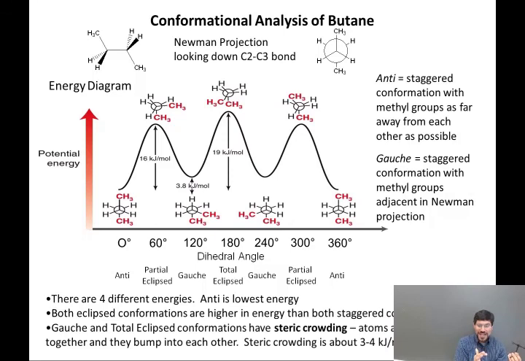Both of the eclipsed conformations are higher in energy than both of the staggered conformations. That destabilization due to torsional strain, at least in butane, is greater than the destabilization due to steric crowding. If you get molecules that are really, really large and steric crowding becomes more severe, it could have a greater energetic destabilization. But for butane, torsional strain is the bigger energy.